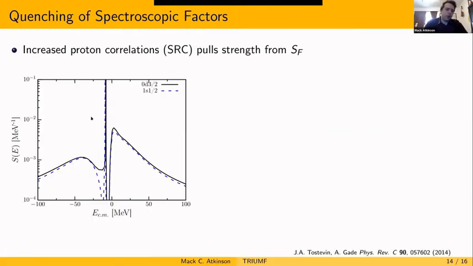So to bring this back to the spectral function picture, this is the total spectral function, and this peak here, this delta function, corresponds to the spectroscopic factor. If the protons are more correlated, there will be more strength at the continuum energies, meaning strength is pulled away from the spectroscopic factor.